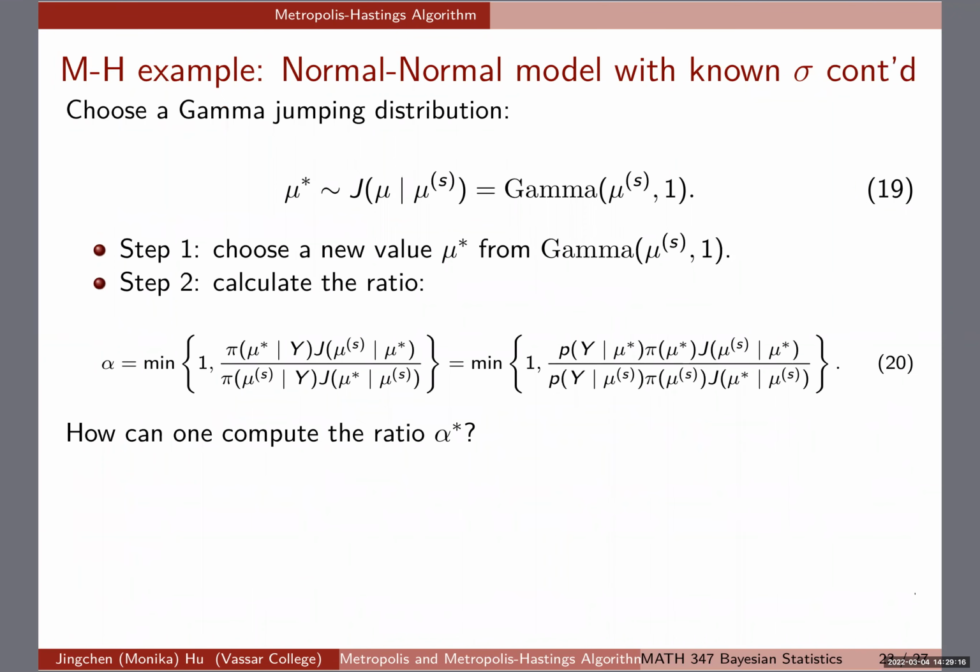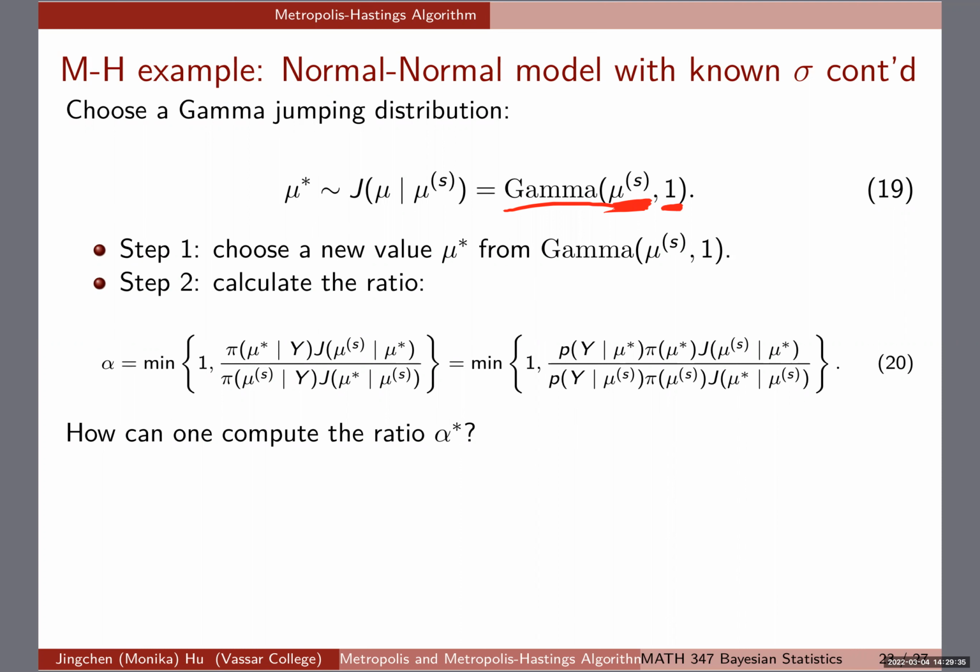Right now, instead of a symmetric one, let's do an asymmetric gamma. I'm determining the gamma using the first parameter centered at my particular current draw, and then I'm determining how I'm going to jump.